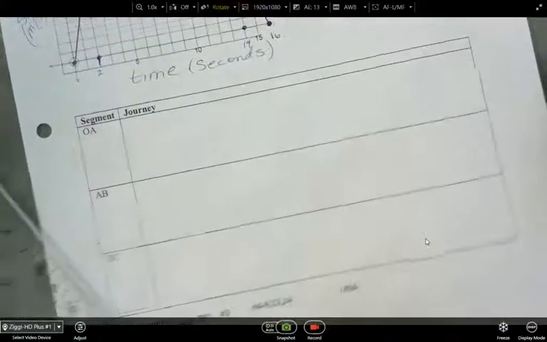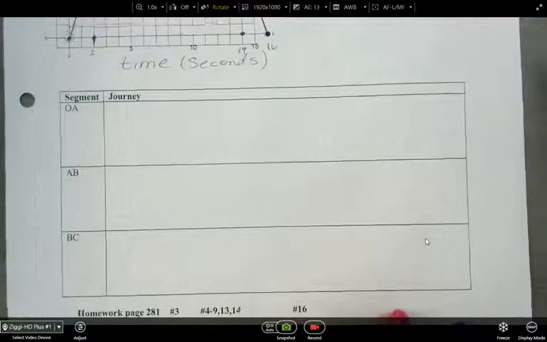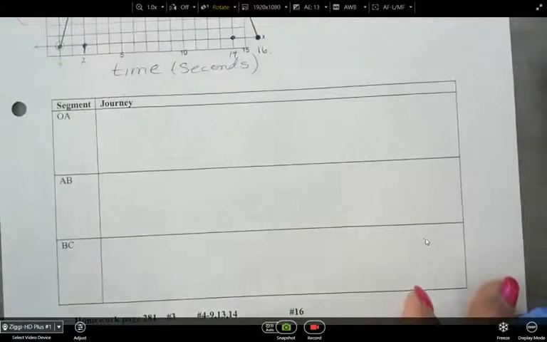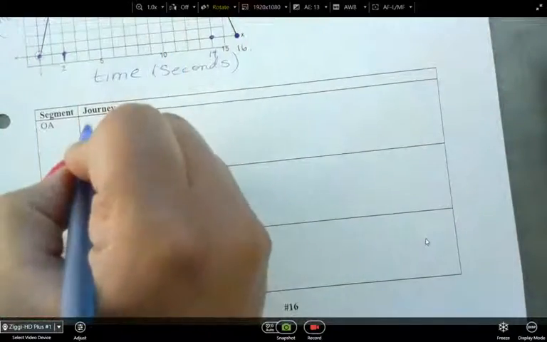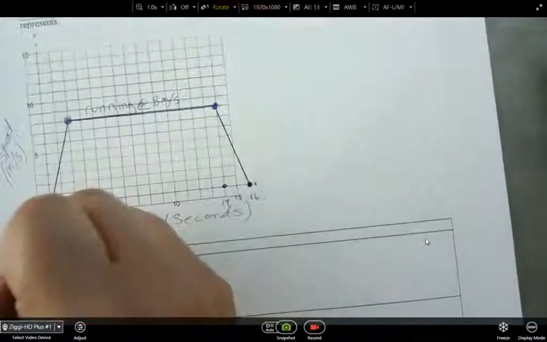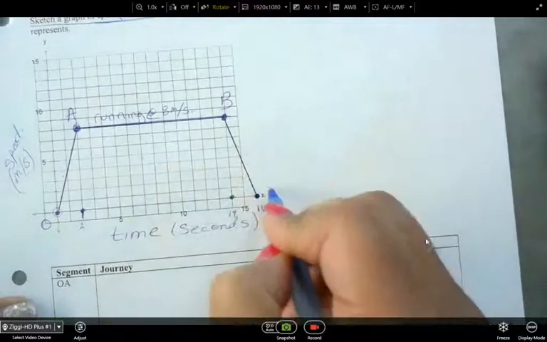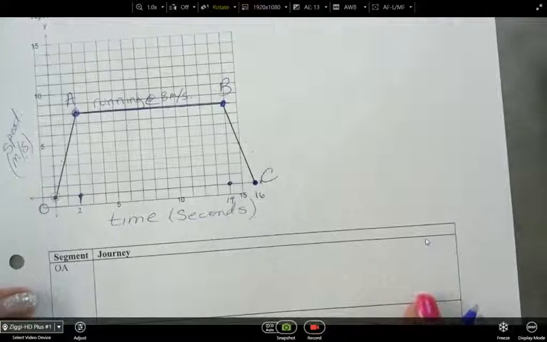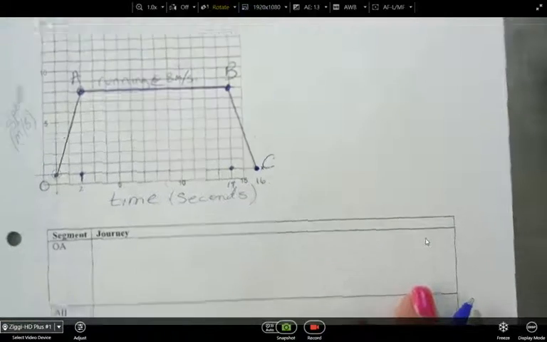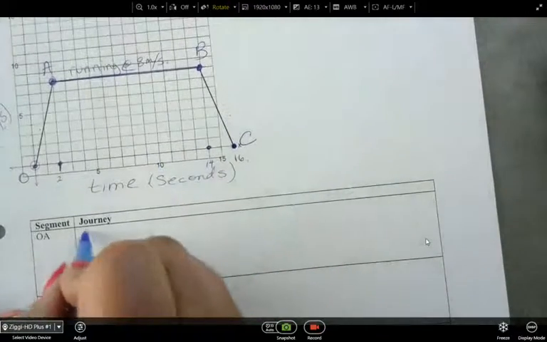All right. Okay, now we need to write a little story about what's happening in each line segment. So let's do that. And what can I say is happening between? We'll call this O, we'll call this A, we'll call this B, and we'll call that C, where we end off. So what's happening in segment OA?